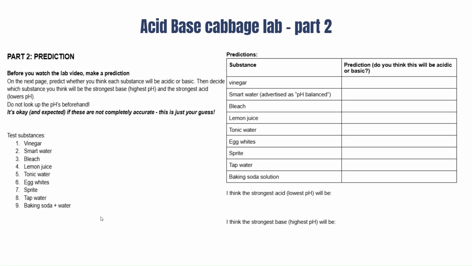This is just your guess. I fully expect that some of your predictions will be incorrect, and that's fine. That's part of the point of doing a lab, so that we can adjust what we thought was going to happen. And then I'd also like you to look through these substances and decide what you think the strongest acid will be, and then what you think the strongest base will be.